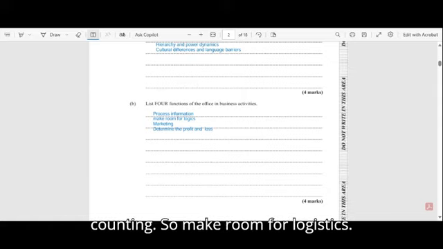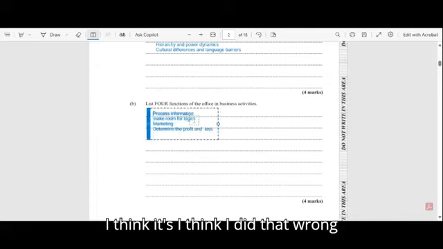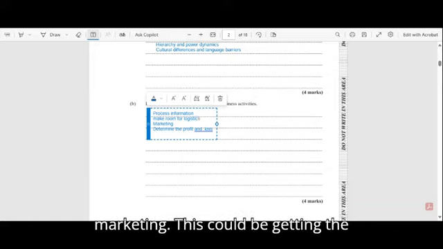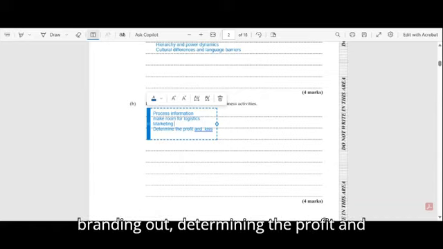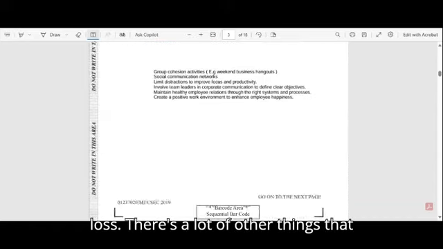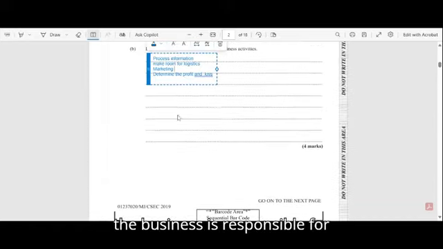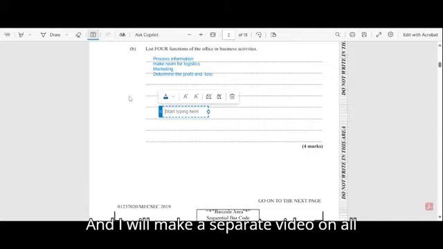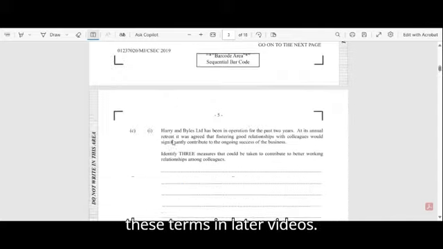Logistics. We have marketing. This could be getting the branding out, determining the profit and loss. There's a lot of other things that the business is responsible for, and I will make a separate video on all these terms in later videos.